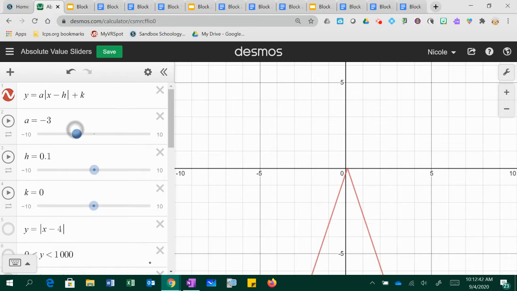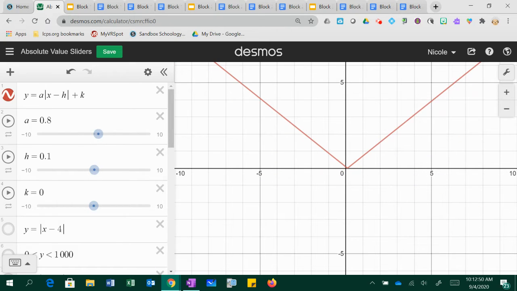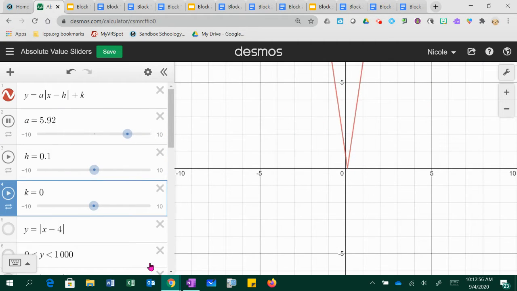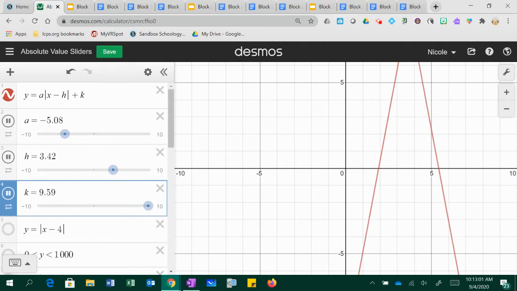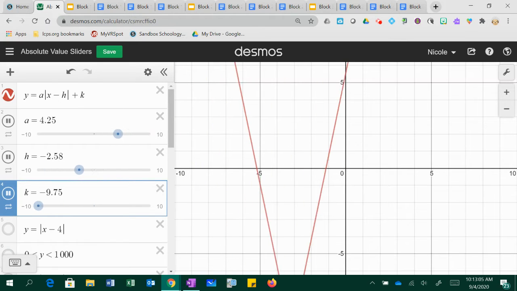It can still be skinny or wide, but it's underneath the x-axis. And because Desmos is super cool, we can animate these and cause our graph to move around and create all sorts of absolute value graphs.